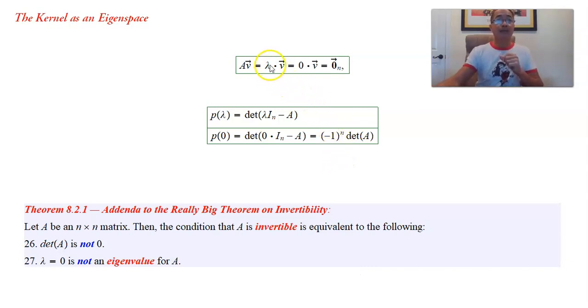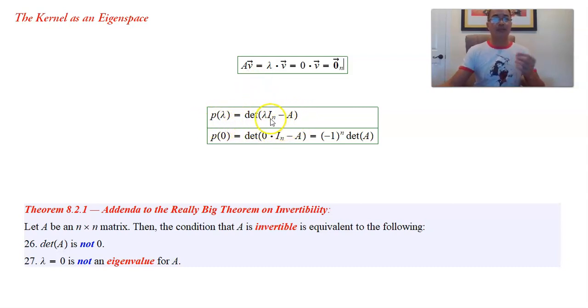So what happens if we allow lambda to be 0? We want A times v to be lambda times v. 0 times v is the 0 vector, so that means, again, that v has to be in the null space of the matrix A, also known as the kernel of the operator corresponding to A.